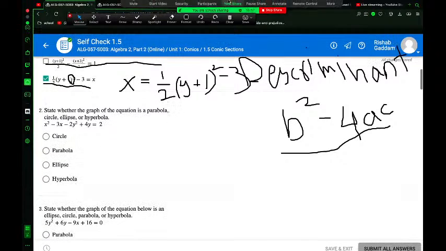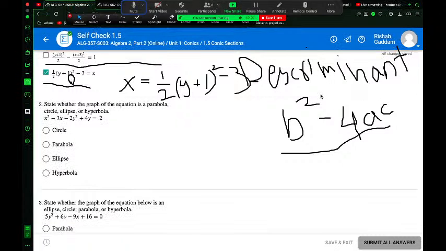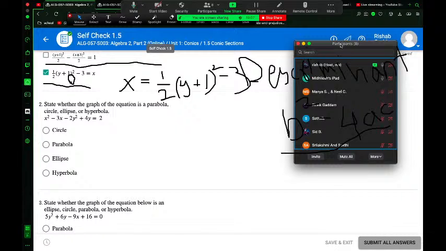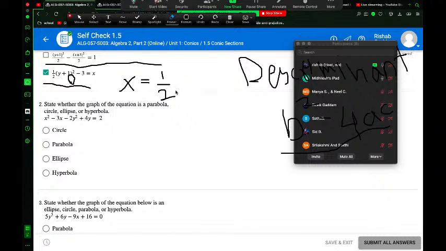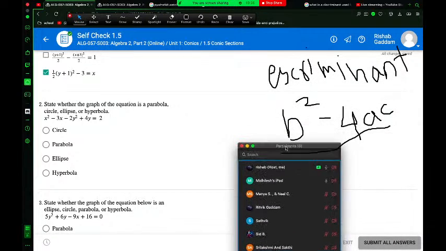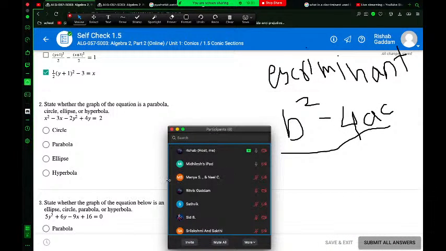So next question goes to, I'm trying to get my participants list. Okay, yeah, Middleish, you said you wanted to do the first question, so it is your turn. You're doing number 2. State whether the graph of the equation is a parabola, circle, ellipse, or a hyperbola. Okay.